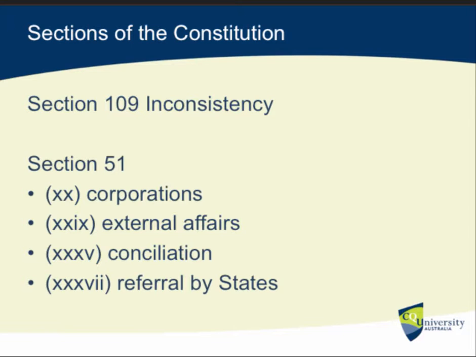They're the sections which deal with the power to make laws regarding corporations, the power to make laws with respect to external affairs, the power to make laws with respect to conciliation and arbitration and to prevent and settle interstate industrial disputes. And that's probably the oldest power that was used by the Commonwealth. And finally, the power under Section 37 for states to refer matters to the Commonwealth so that thereafter the Commonwealth can make laws about them.